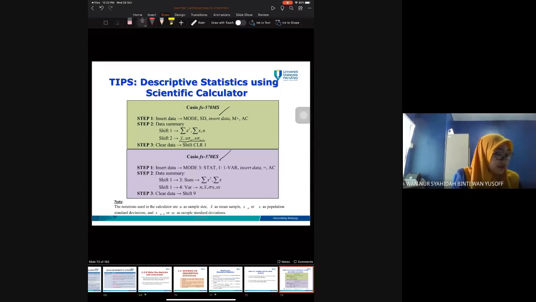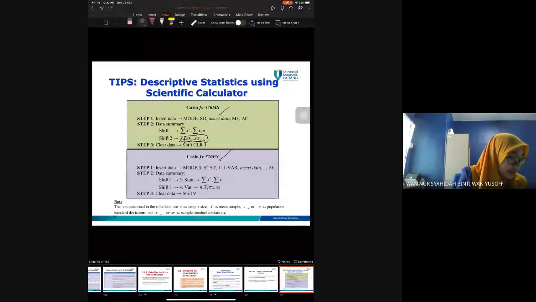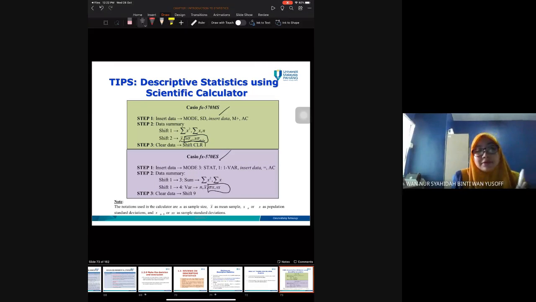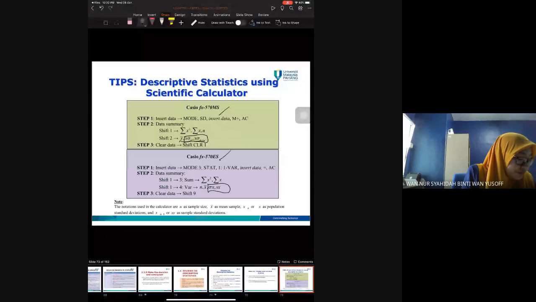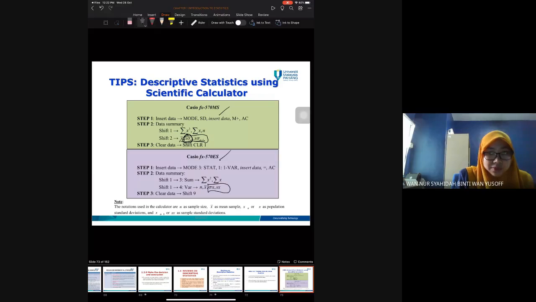So that shouldn't be a problem, but the problem will be at the standard deviation here. The calculator will give you both. The first one here is the population standard deviation, similar to here, sigma x.